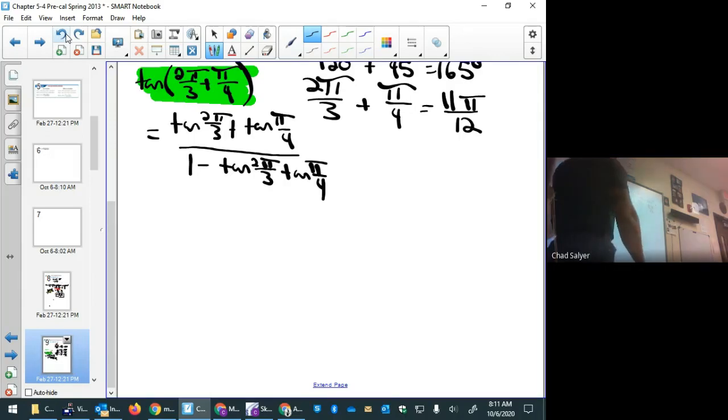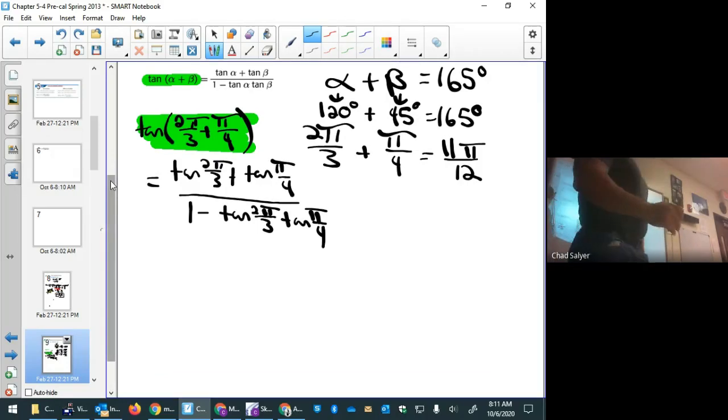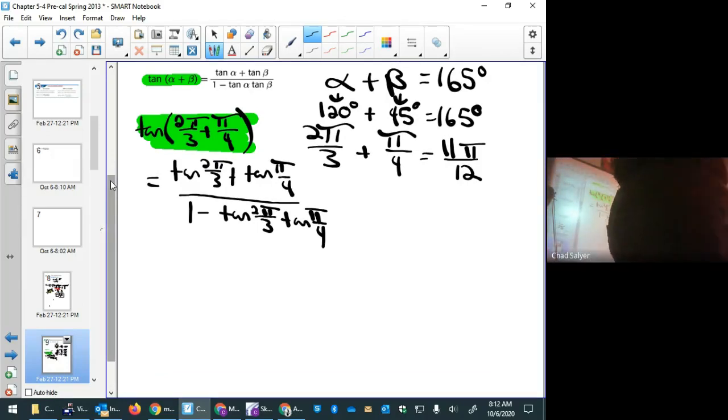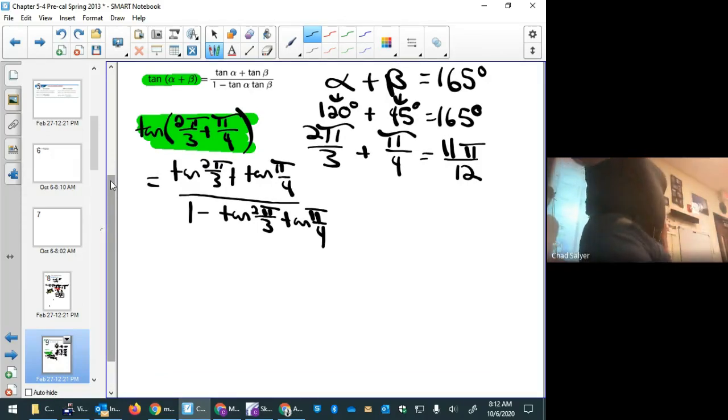So once again, we want to find these exactly, but the tangent is not explicit in the unit circle. In other words, there's not a place where you can see the tangent.